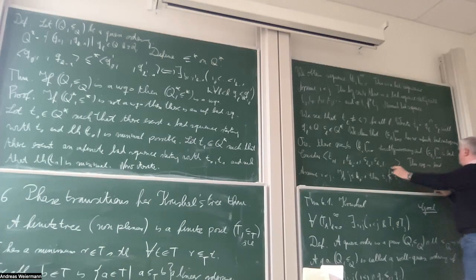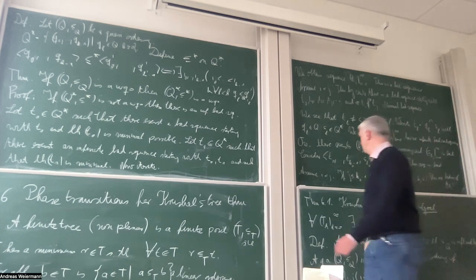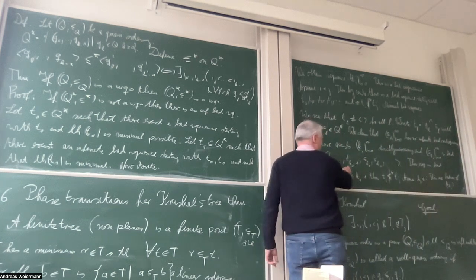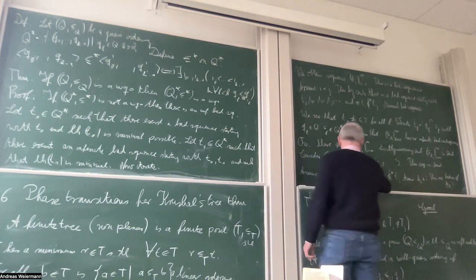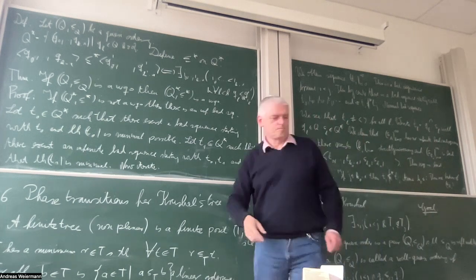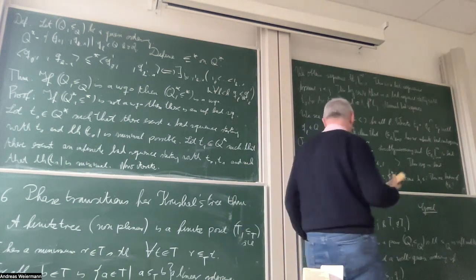But then we use that this sequence is bad, using badness of SKI. So what else? What can happen? Well, it can happen that one index is here, and the other index is here.